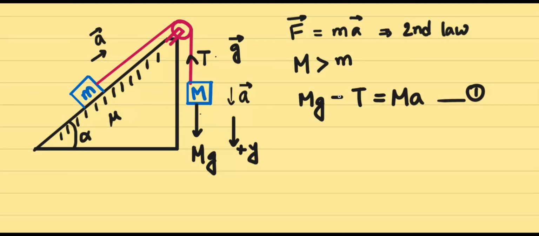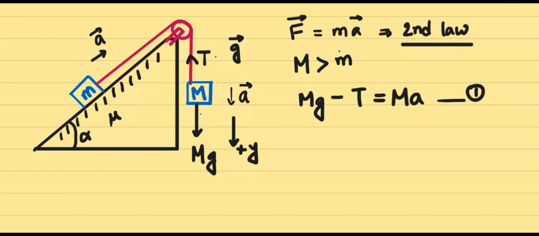What about the equation for the small m? We'll have to apply Newton's second law once again for that mass small m. The case for small m is a bit complicated because it's not just simply a one-dimensional problem.